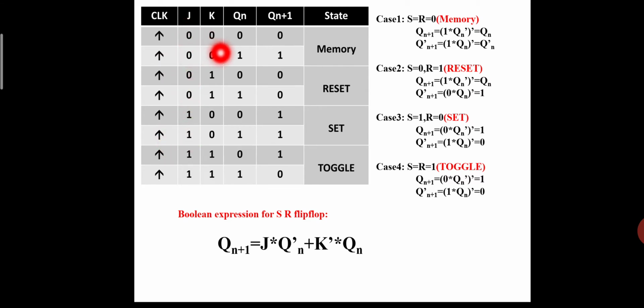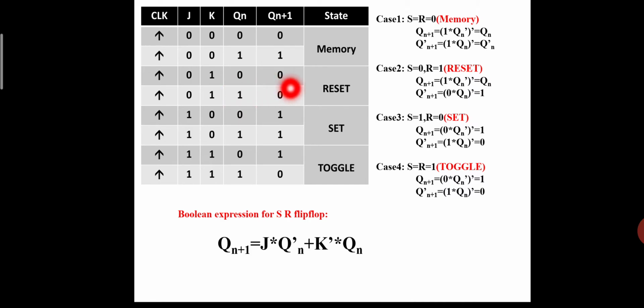So for J and K inputs 0 0, with Qn state 1, you will get output nothing but a memory state, the same as S and R. And if it is 0 1, that is a reset condition.